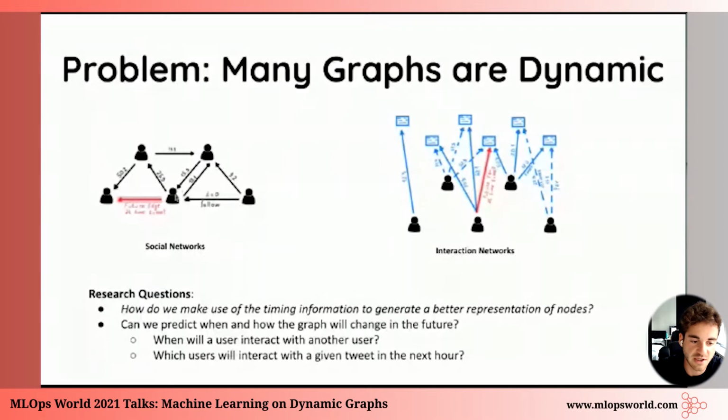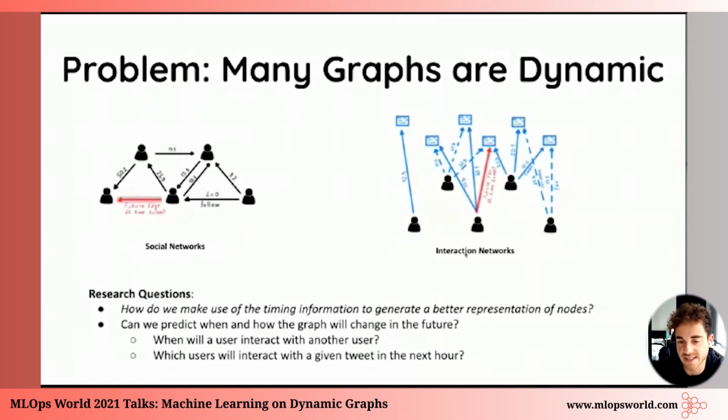This user follows this other user at time 0, and then all other follows happen at some timestamp. Then we may want to ask whether there is going to be an edge between these two nodes at this particular timestamp. So a question about the future, but also the future at a particular time. And we also want information about the previous follow timestamps, because this can be very useful to predict what's going to happen in the near future.